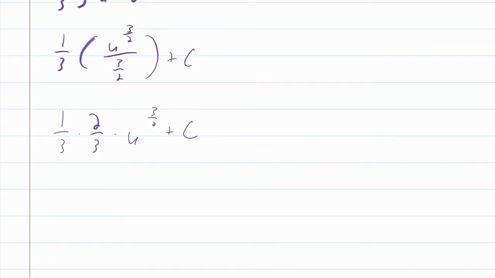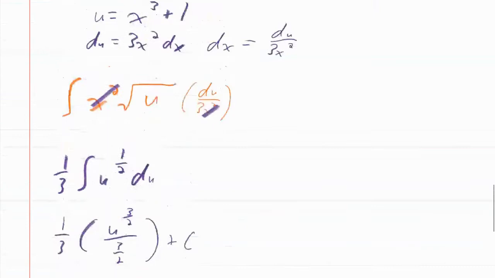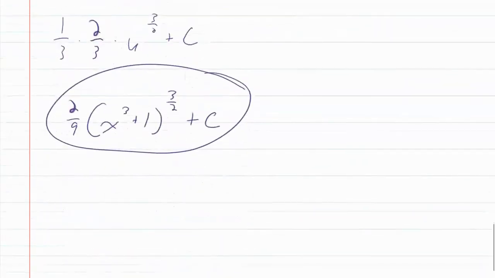The 2/3 times 1/3 becomes 2/9. We get x cubed plus 1 raised to the 3/2 power plus constant. You can, of course, always check this by taking the derivative, but I think you'd be able to see that the derivative of the x cubed plus 1 is going to become a 3x squared, which is eventually going to give you that x squared that you see.